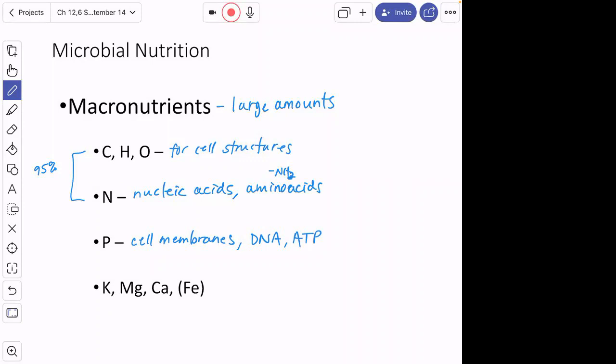And then these other elements are typically needed for enzyme function. I've got iron in parentheses there because people argue about whether to consider it a macronutrient or a micronutrient. So I just added it here, but those elements have to be associated, or very commonly associated, with enzymes for the enzymes to work.